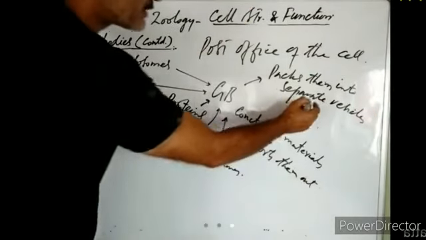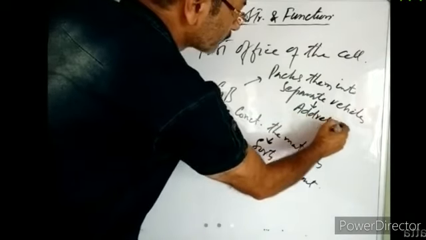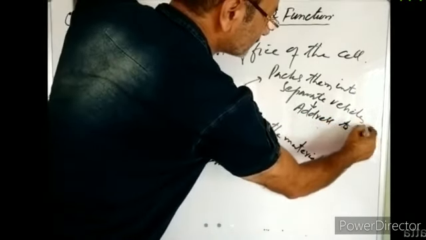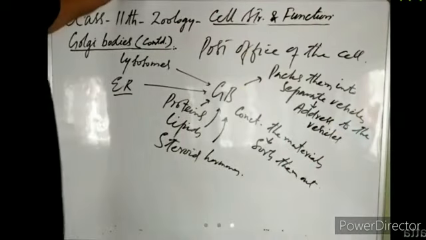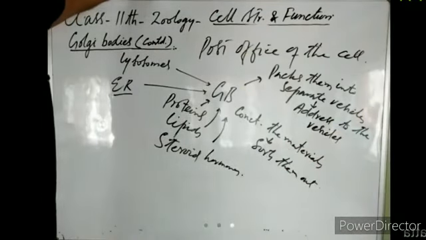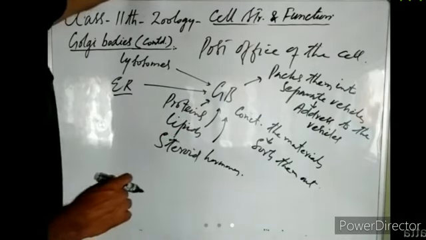Then Golgi body adds an address to the vesicles. Golgi body describes whether the contents of the vesicle are to be secreted out of the cell by exocytosis, or whether the contents of the vesicle are to be released in the cytoplasm.